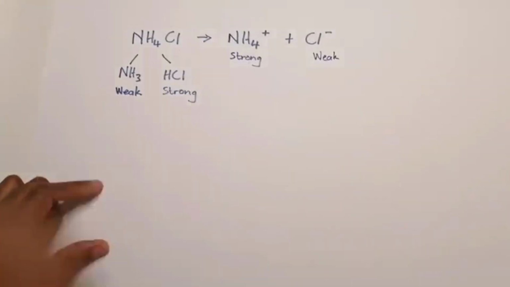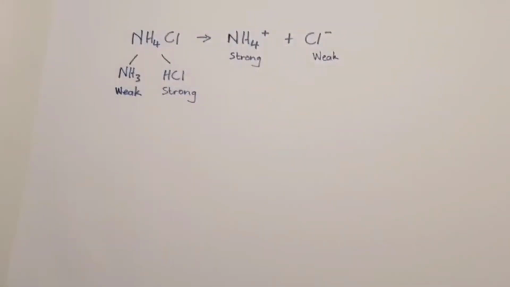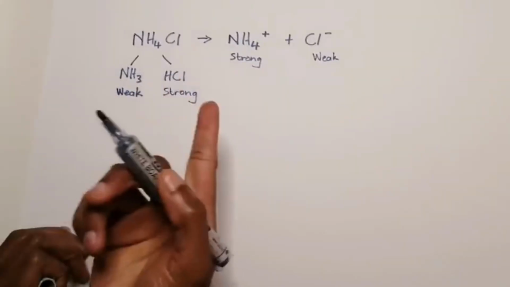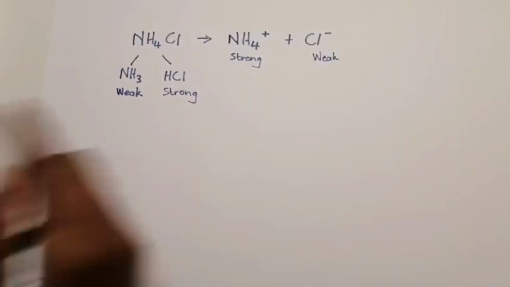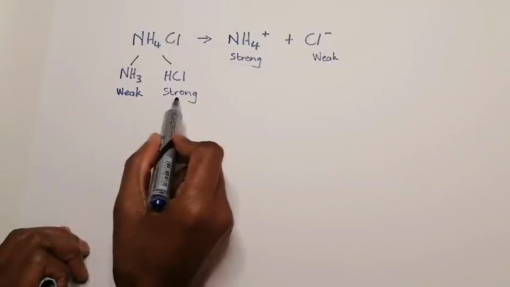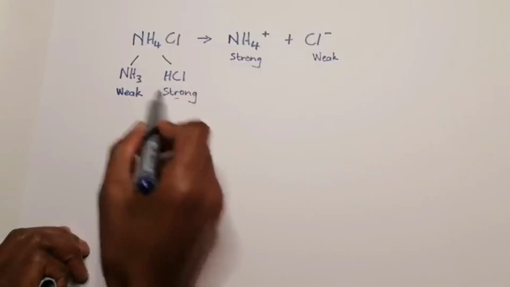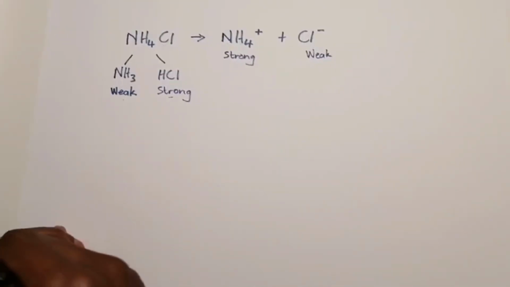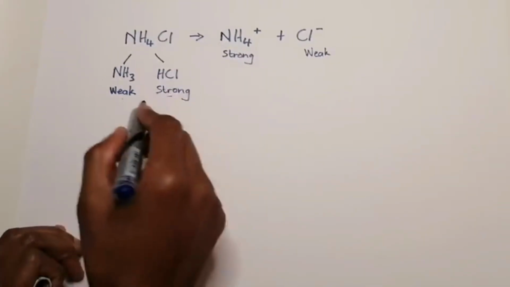Okay, so now we're going to prove, when we put ammonium chloride in water, is the resulting solution going to be acidic, basic, or will it remain the same? So look at this, I'm going to answer it before we actually do the resulting solution. It's a weak base with a strong acid. Who's winning there? Definitely the acid is dominating, so it means the resulting solution will actually be acidic, but let's prove that now.